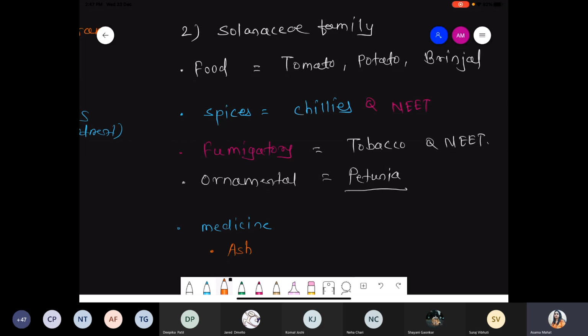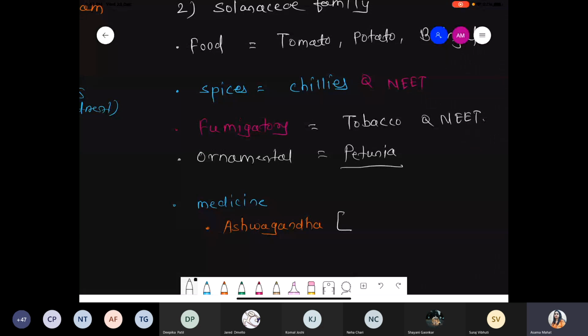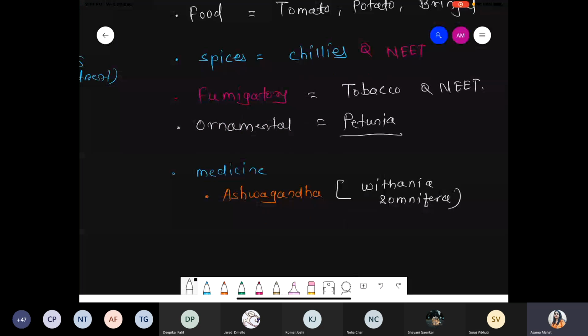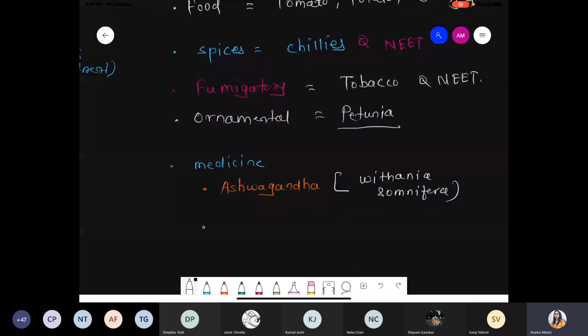You know very well, ashwagandha is a natural immune booster, and all the immune booster tablets and whatever the kadha or everything, in case of ashwagandha these are very basic medicines. And the scientific name of ashwagandha, for your understanding purpose, is Withania somnifera.